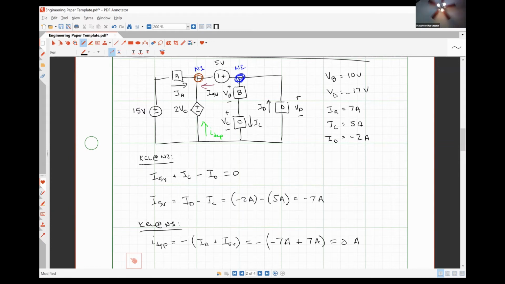Just currents that are in the opposite direction effectively should have an opposite sign is all that matters. Sound good? Yes, thank you for answering that. Any other questions?